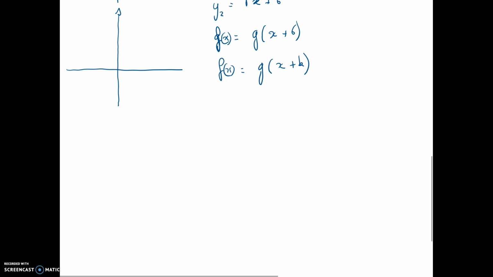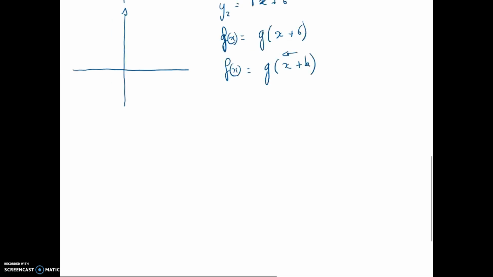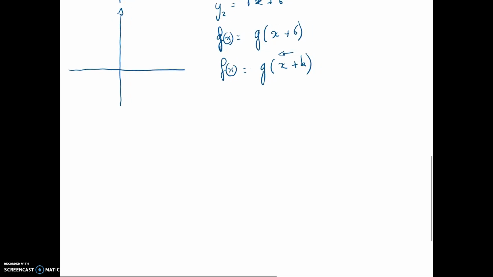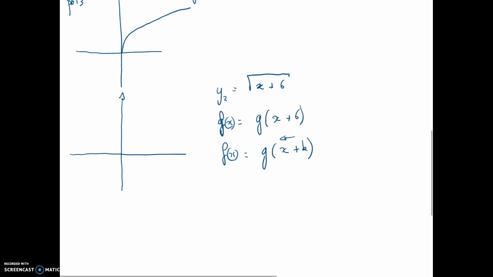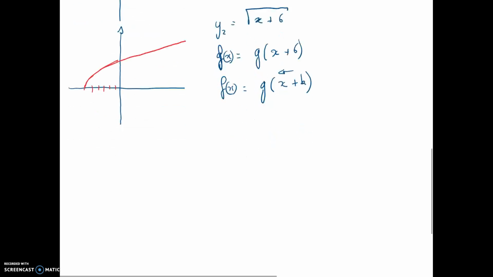And I know when it's x plus k, I need to go to the left k units. So I know that the square root of x plus 6 is the first square root of x moving to the left 6 units. 3, 4, 5, and 6.